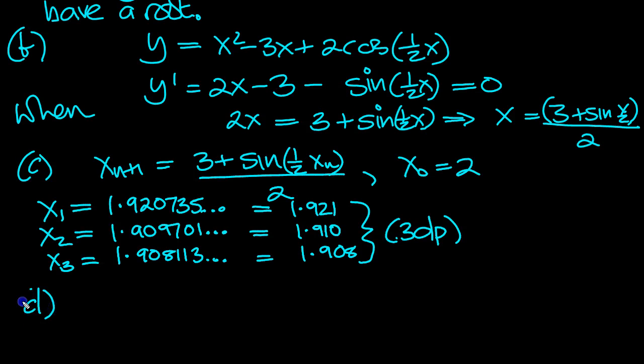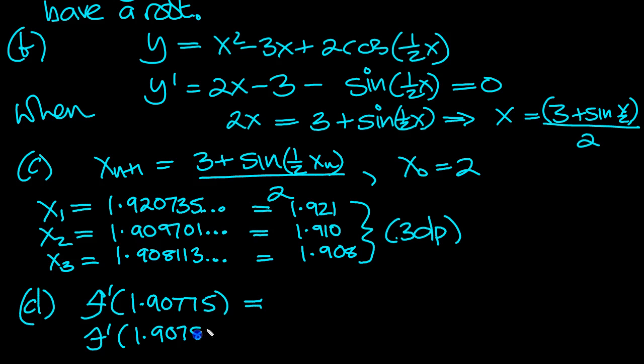So we look at f dashed of 1.90775, and also f dashed of 1.90785, and hopefully there'll be different signs, and then we'll know that there's a root between these values of this derivative function. It's a continuous function, so that would mean to 4 decimal places it would be 1.9078, if it lies in between these interval points.